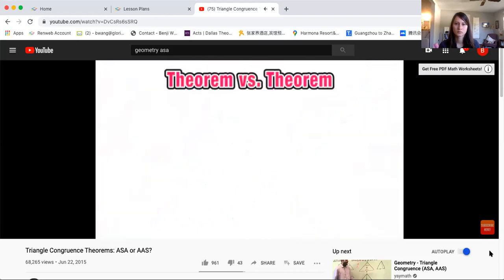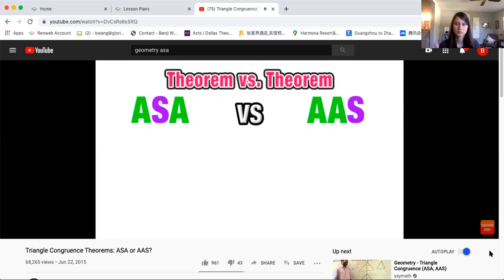Since these two theorems are so similar, it's a very common mistake for students to mix them up. Both theorems contain two congruent angles as well as one congruent side. Angle side angle has two congruent angles with the side in between those angles, just like it's written, the S is in between the two A's.